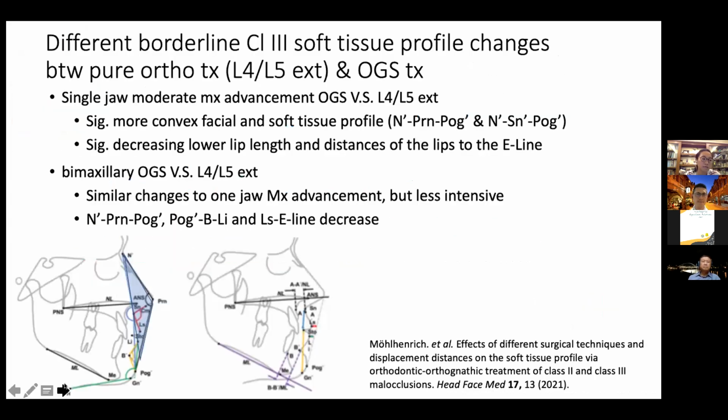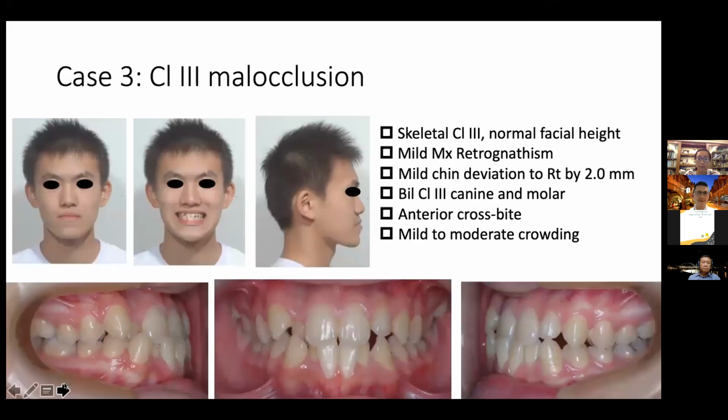A latest German study reported that compared to camouflage treatment, class 3 patients with OGS treatment had a significantly more convex facial and soft tissue lateral profile, by decreasing the distance of the lips to the E-line, as well as the lower lip length.